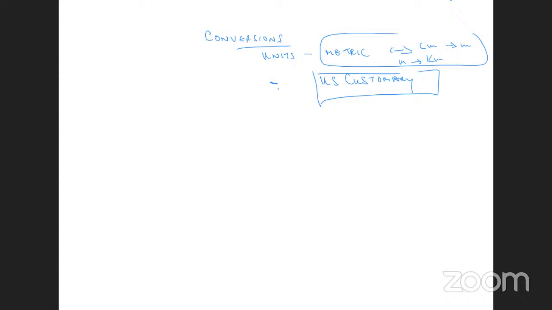For example, it could be miles and inches, or yards and miles, like that. The other type of conversion is between metric and US Customary.